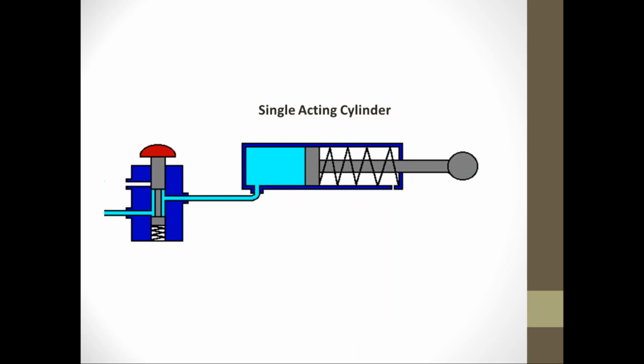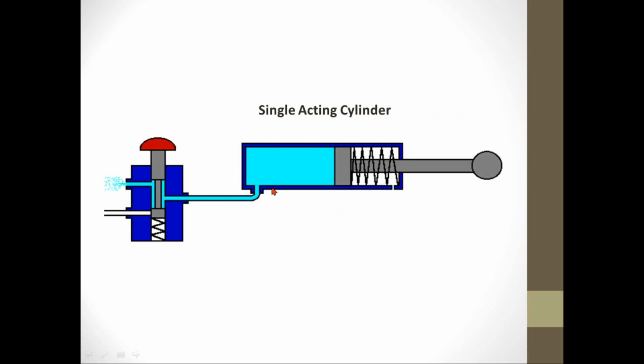The sky blue color is actually the air, coming from the compressor, for example. The air is being used to push the piston rod.